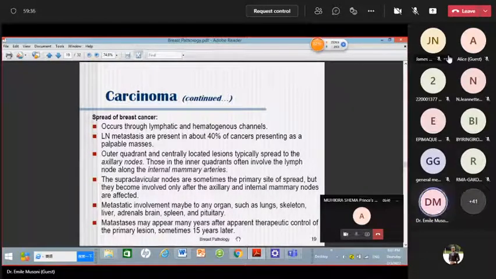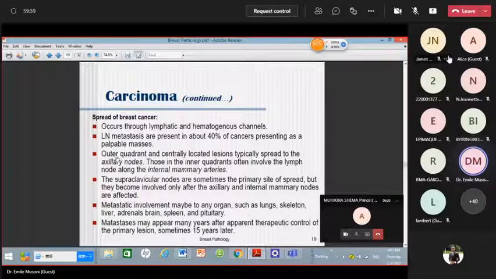So now let us see the spread of breast cancer metastasis. The spread occurs through lymphatic and hematogenous channels. Lymph node metastases are present in about 40%, and they present as a palpable mass.